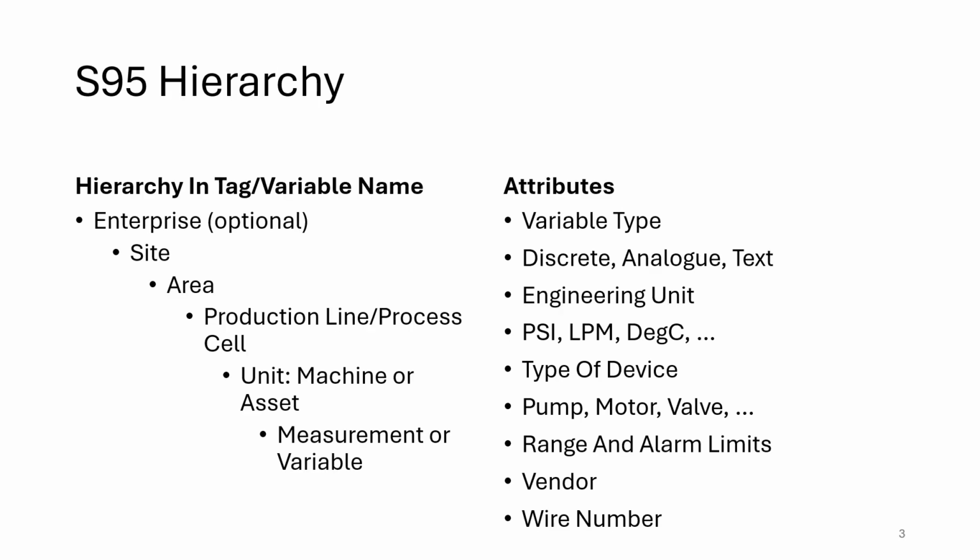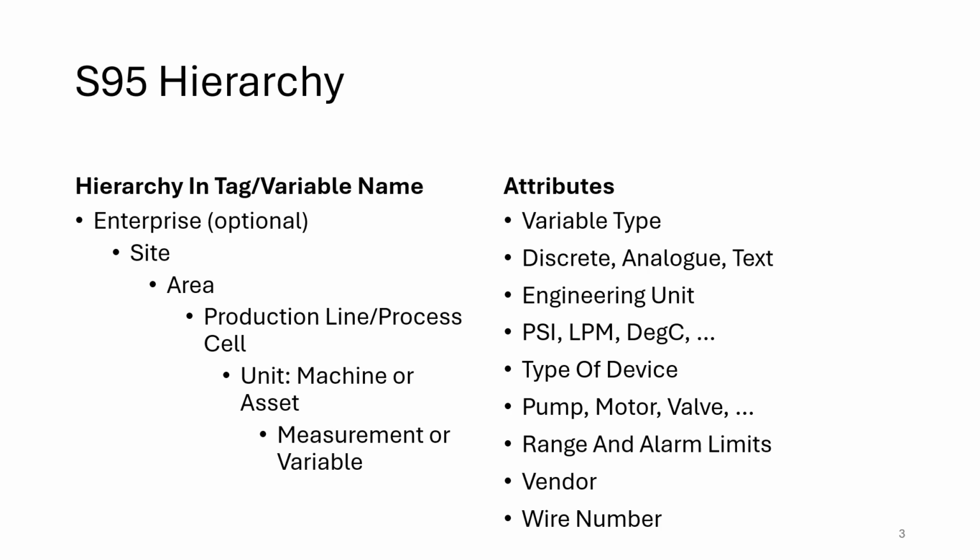S95 defines a hierarchy that can be used in tag and variable names, along with attributes that can describe the data. So a typical hierarchy in a tag or variable name could be the enterprise, although that's optional because often if you're only comparing data from one enterprise, you don't need that.